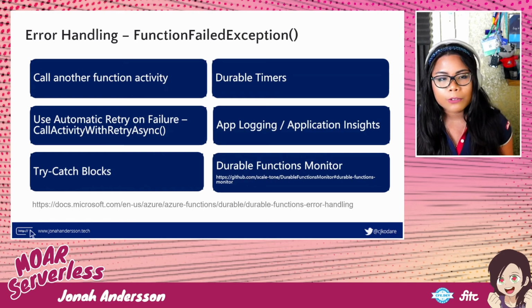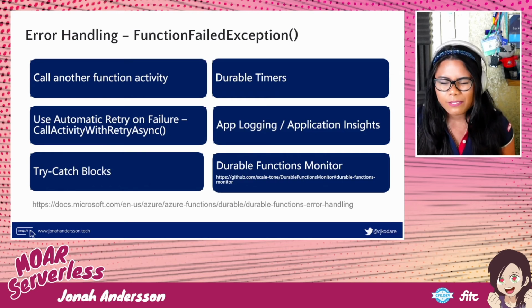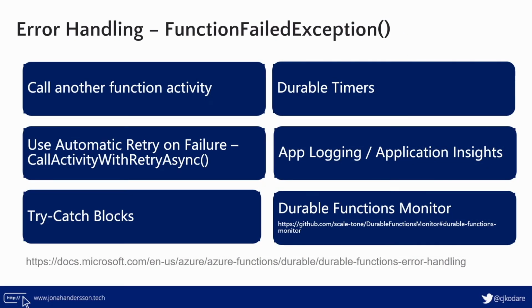And then error handling. Usually if something goes bad, if you code your workflow not so well, you're going to get this function failed exception. In order to prevent that from happening, these are my recommendations. You can use durable timers to take control of, for example, external events.